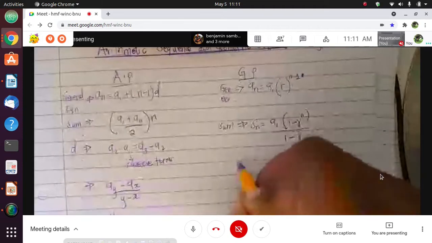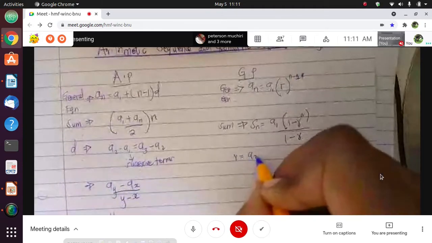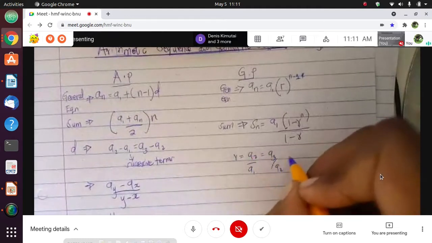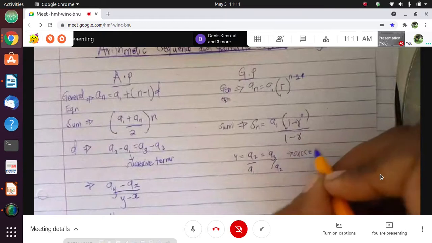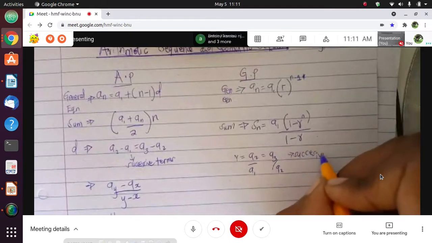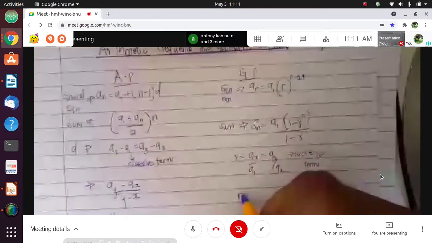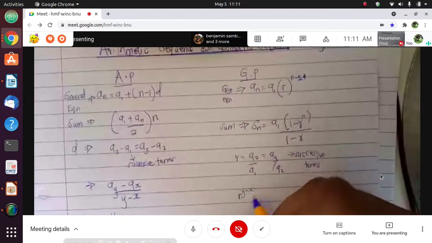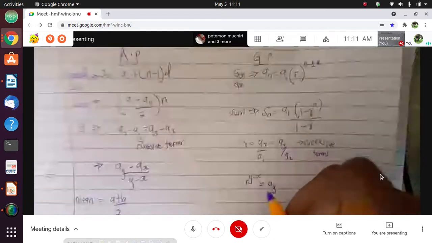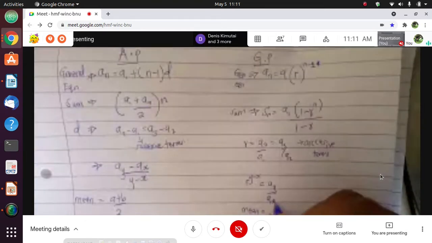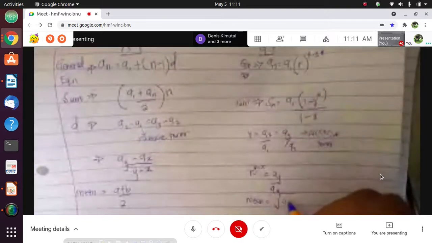R is given by a2 over a1, which should be equal to a3 over a2, and this is for successive terms. If you don't have successive terms, you don't have numbers ambazo zinafuatana, then the r is given by ay divided by ax. And the mean of a geometric sequence is given by the square root of a times b.